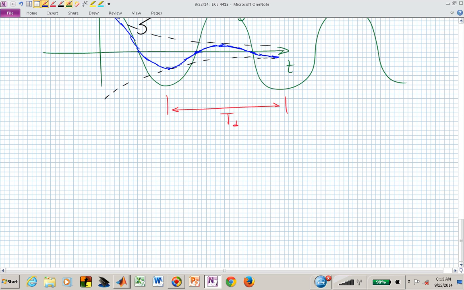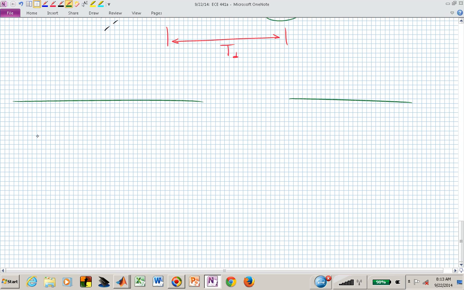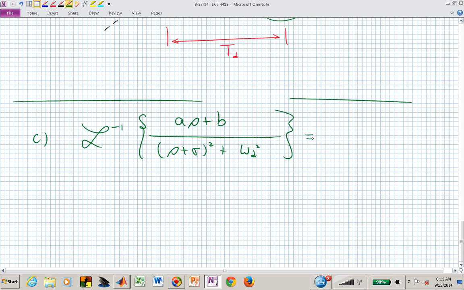Now, what happens if I give you a third expression? Let's say the inverse Laplace transform of A s plus B over (s plus sigma) squared plus omega sub d squared.